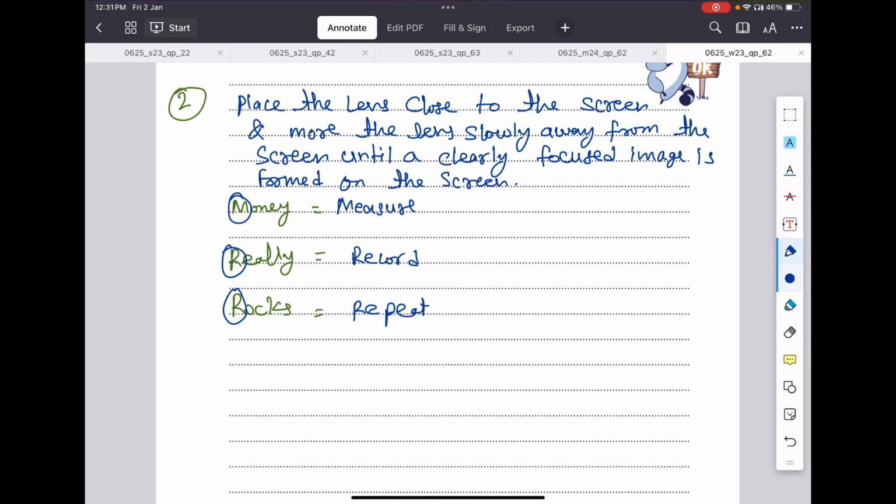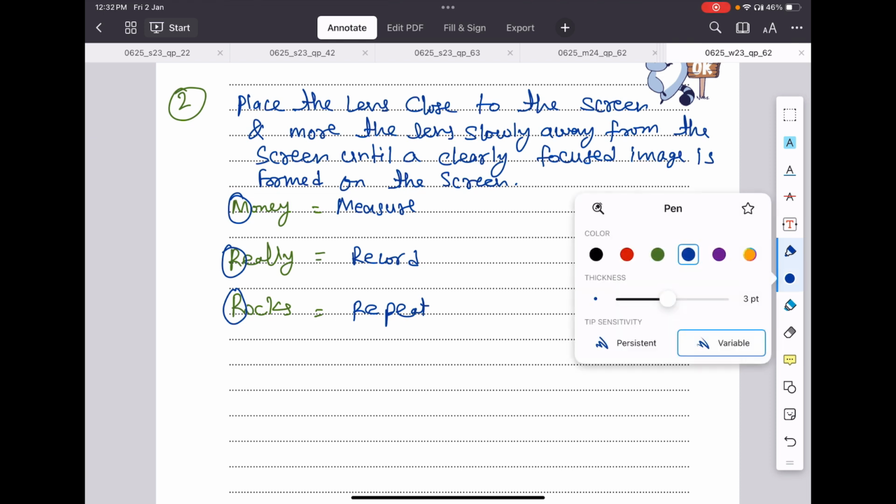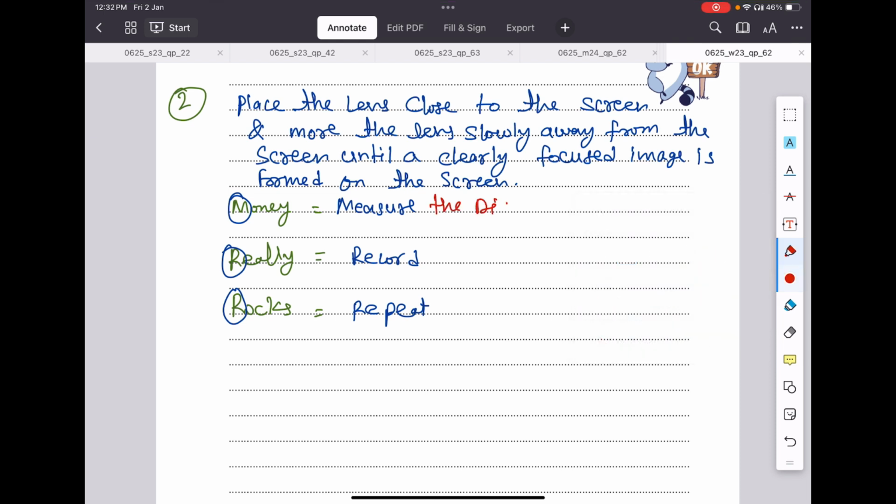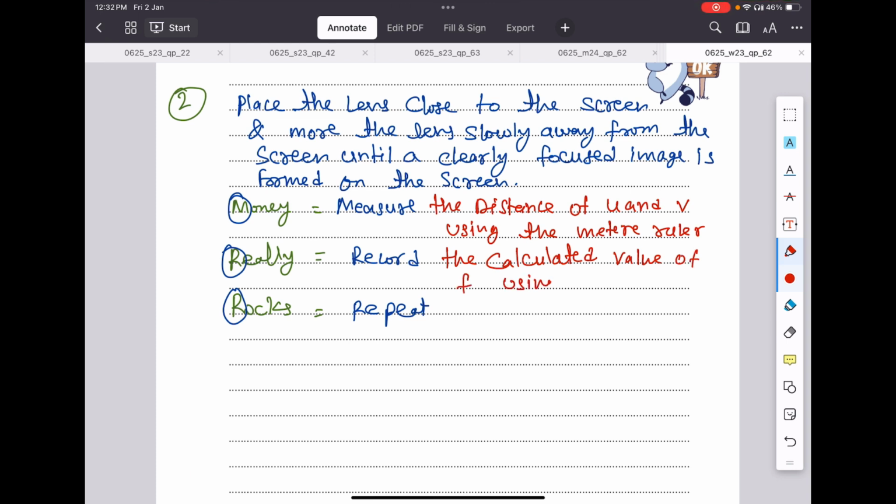Now measurement: measure the distance of u and v using the meter ruler. Now, second statement, record the calculated value of f using f is equal to uv by u plus v.